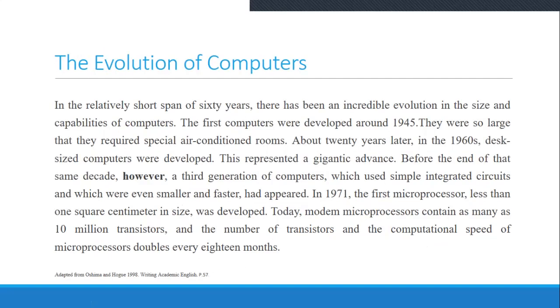So chronological order, the writer says how the evolution of computers has taken place within the last 60 years, right? And then he very clearly says what happened in this particular year, how it improved in 1960, how it was in 1970, and so on and so forth, right?